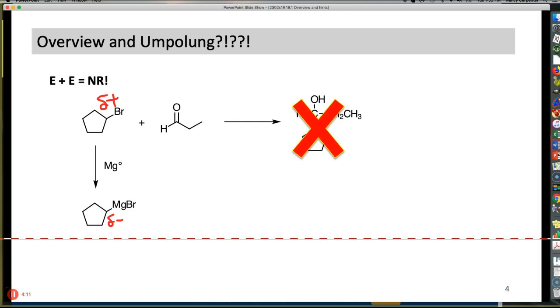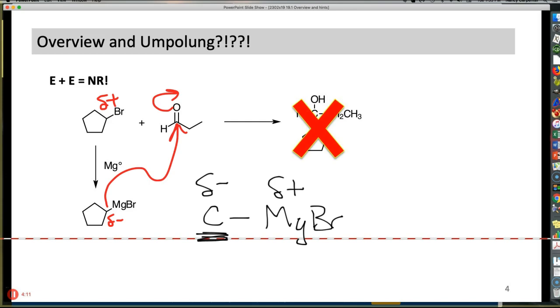This is a synthesis that we'll learn in Chapter 19, where I make what's called a Grignard reagent, and because of the polarity of the carbon-magnesium bond, I have a positive on the magnesium and a delta minus on my carbon, making this a nucleophile. So now this nucleophile can react with that electrophile, and I do get my desired product. An extremely important reaction we will learn a little bit later.